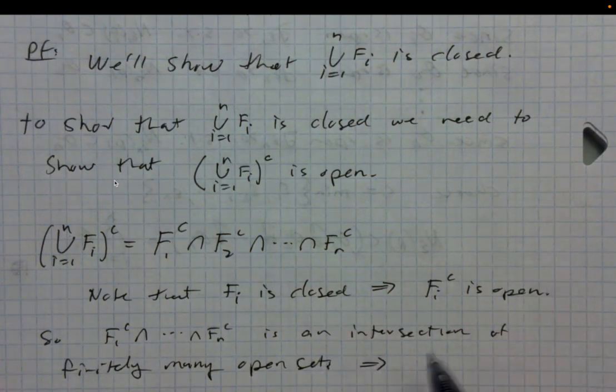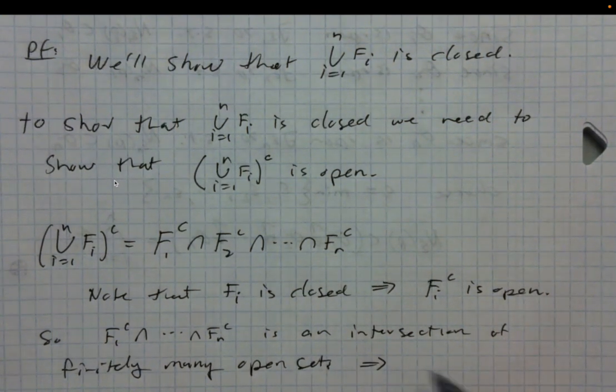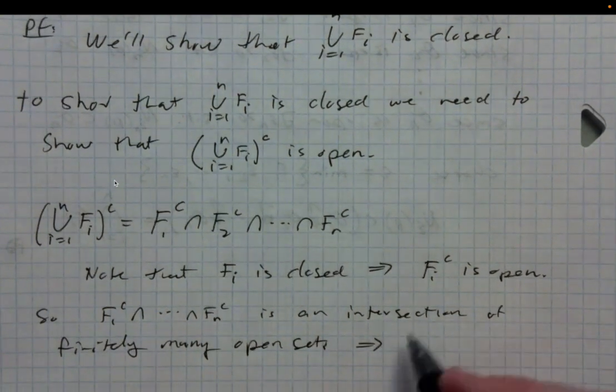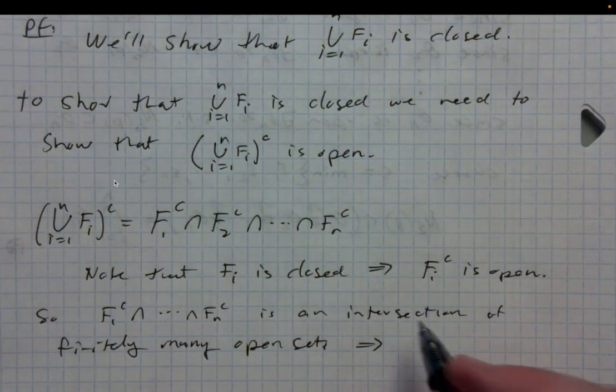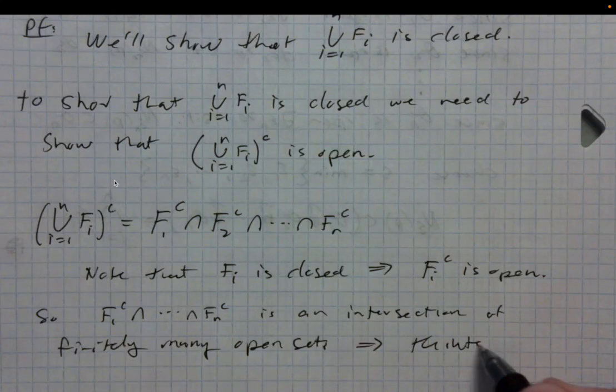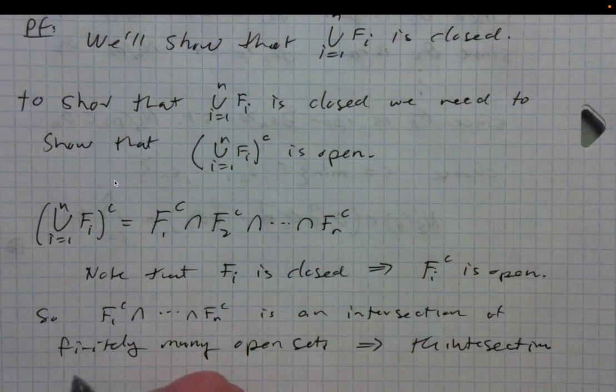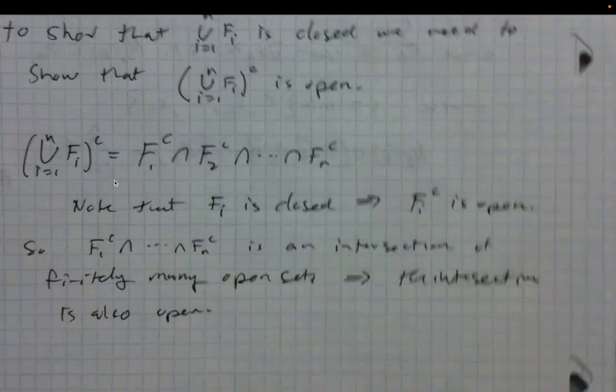And the implication there is that obviously the intersection is open by the previous theorem, right? And so that's basically the proof.